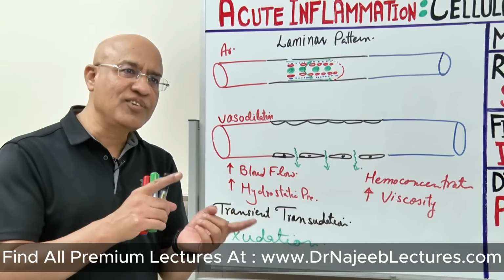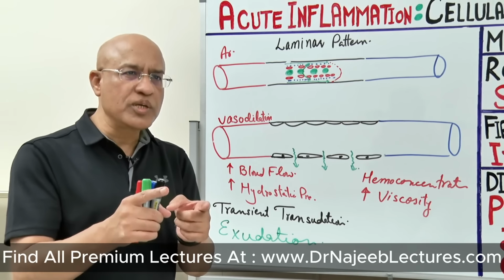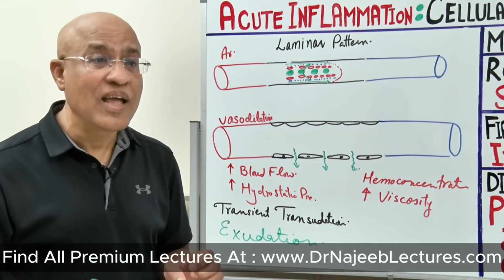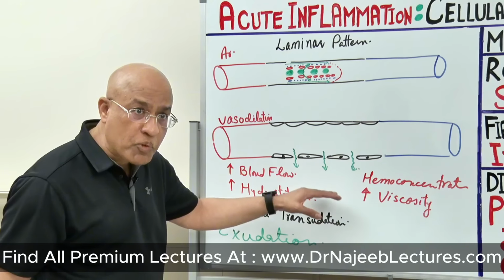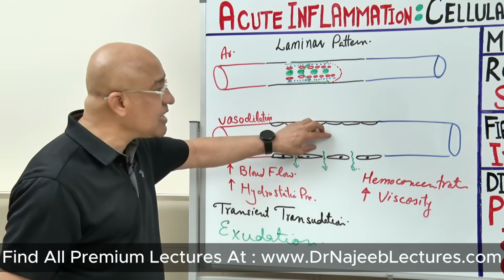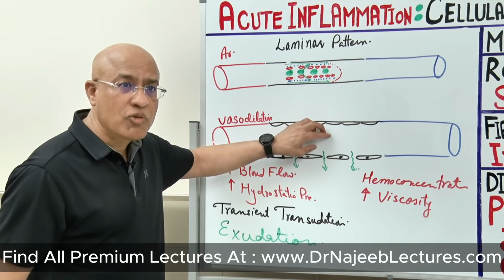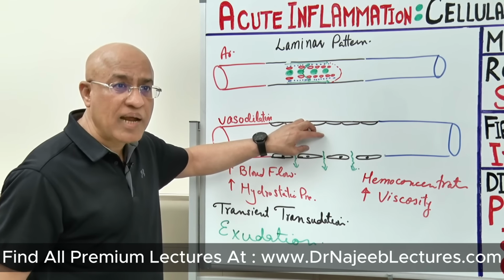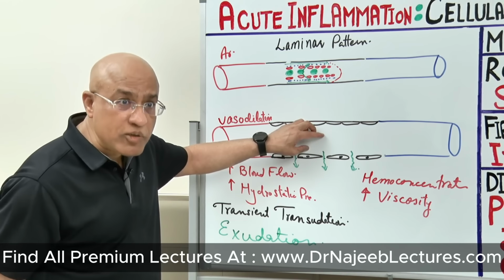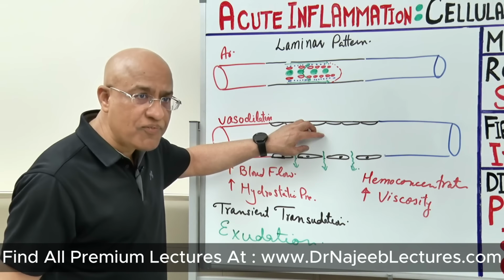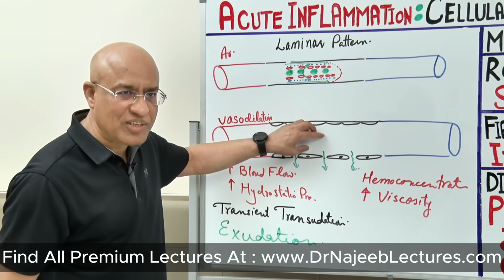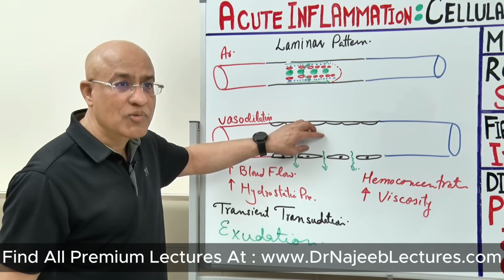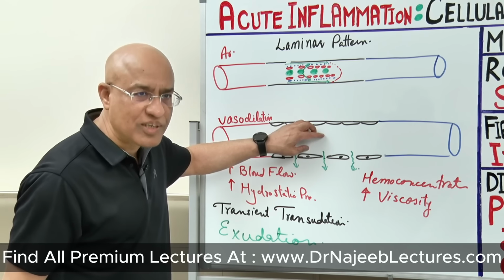So after a transient transudation, there is prolonged exudation. Now this escape of fluid is there and escape of protein is there, but cells are still behind. This will make the remaining blood in the microcirculation of inflamed tissue hemoconcentrated, or it will have more viscosity.